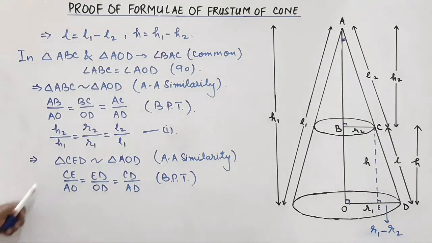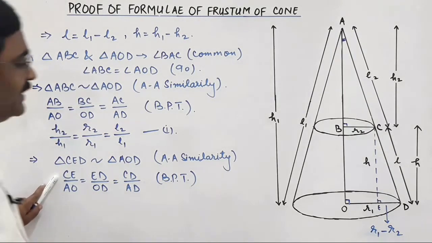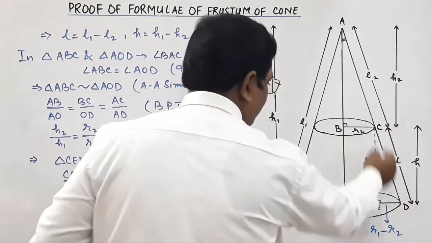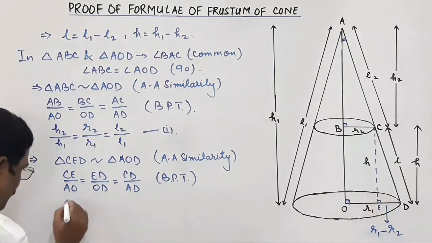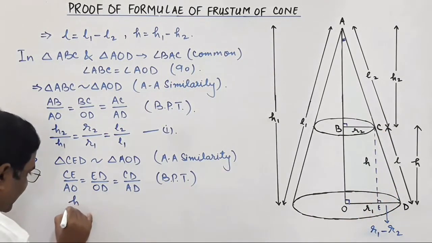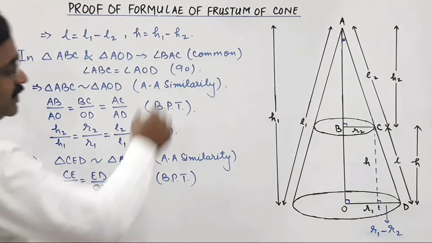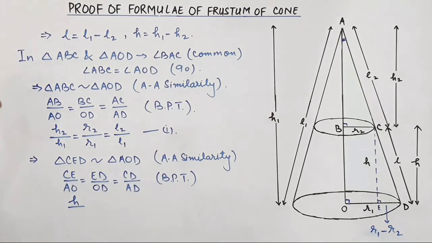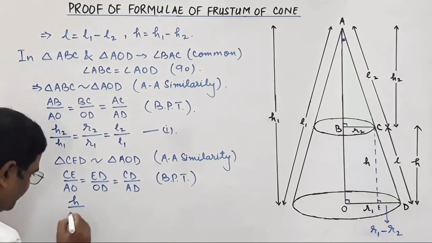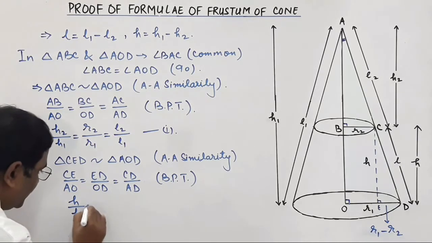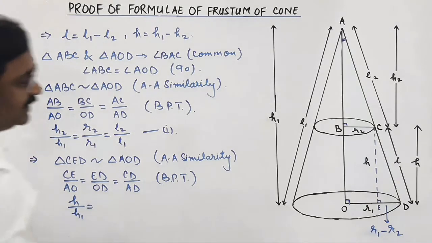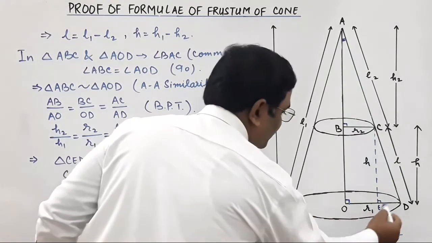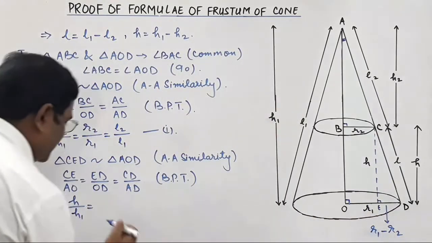So now substitute the values. CE, which is H, upon AO, which is H1, equals ED. ED is this one, which is R1 minus R2.